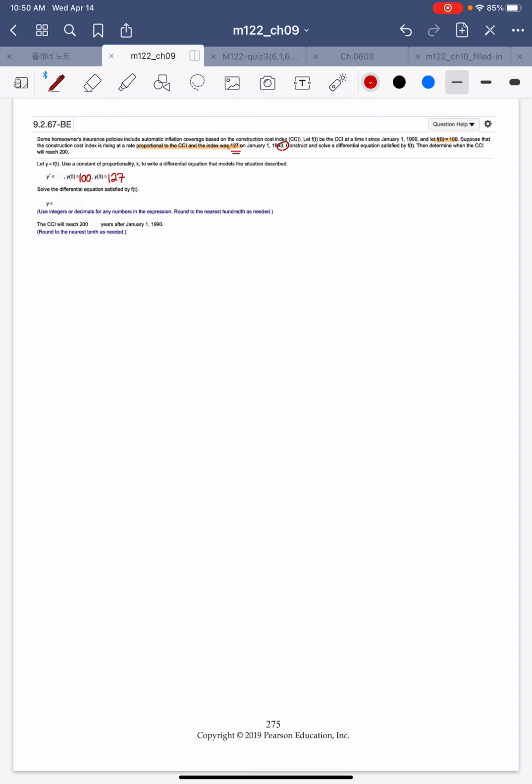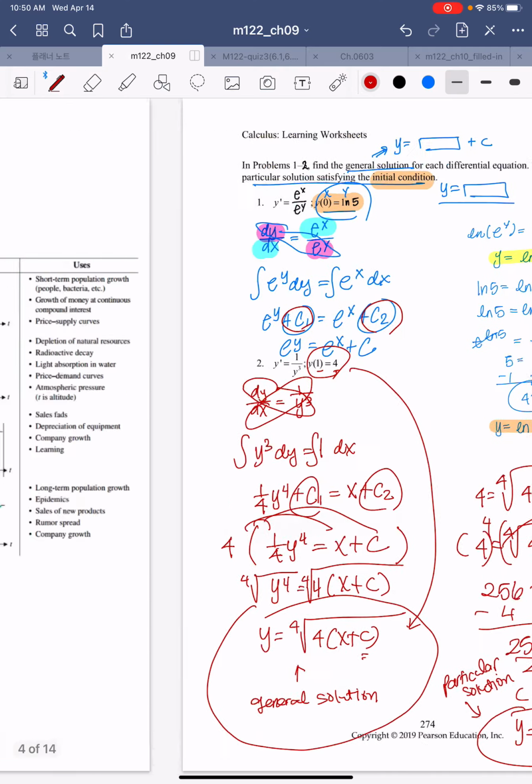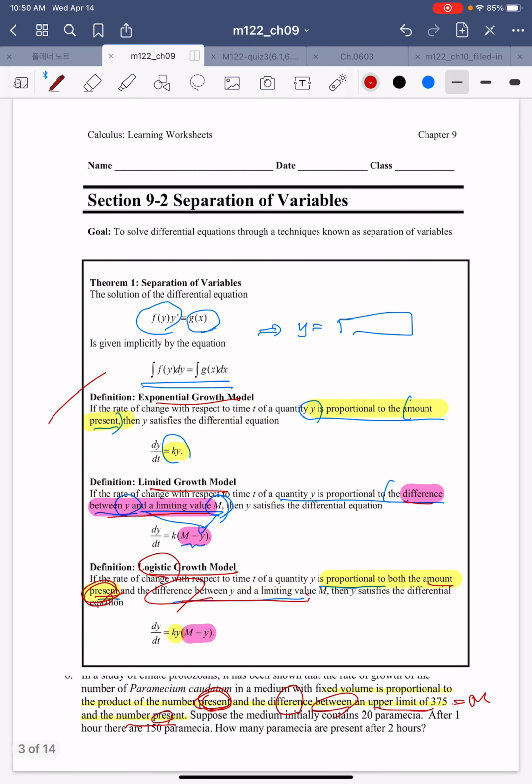And then we have y prime. So y prime, what kind of function is this? It's just proportional. There's no word difference. So obviously this is going to be our growth model, exponential growth, because it doesn't have any word difference here. Okay. So this is an exponential growth model.